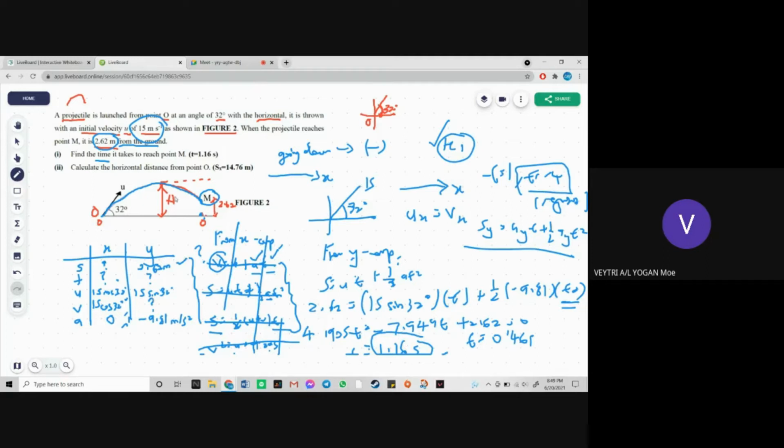It is on the way down. Kenapa? We took the value of S 2.62. Kalau we want to take 0.46 second, it is on the way up. Macam mana saya tahu? Because I put the value Y 2.62 and over here it stated 2.62 from the ground.